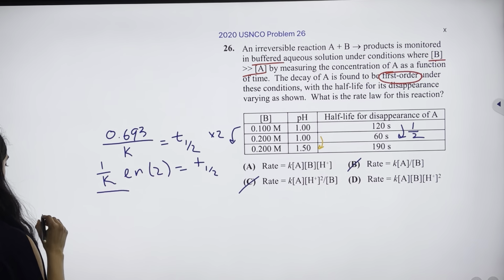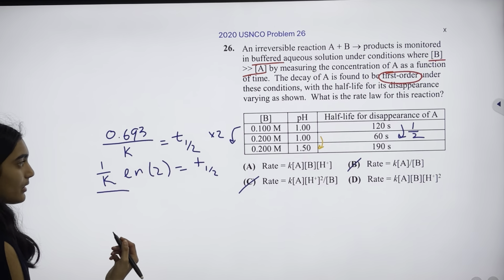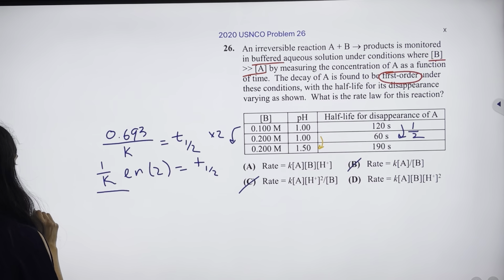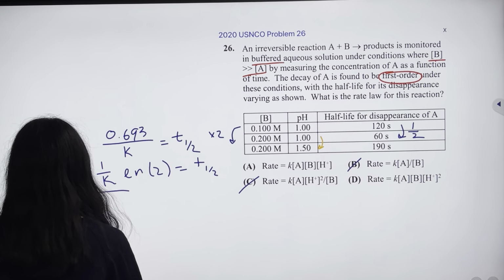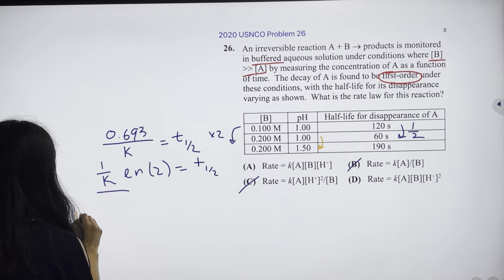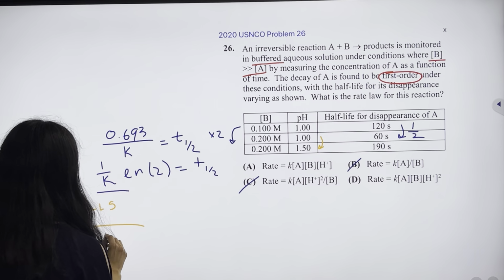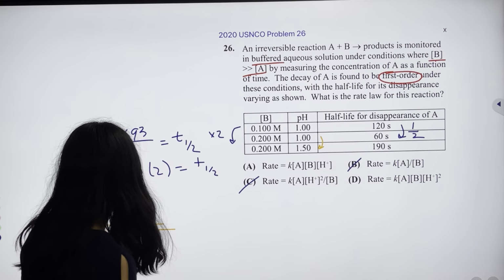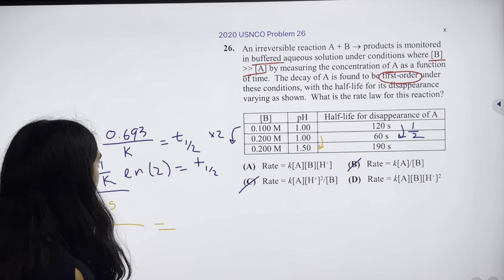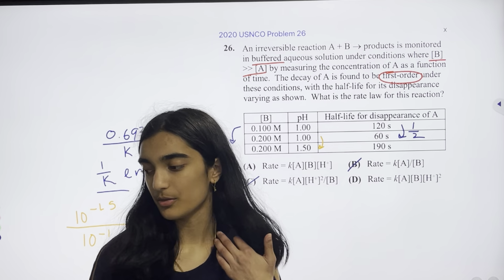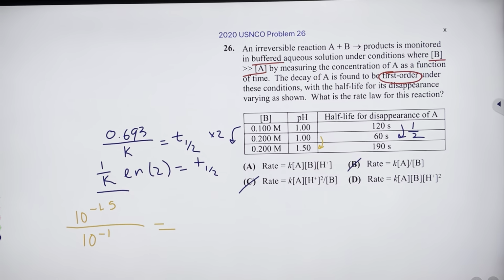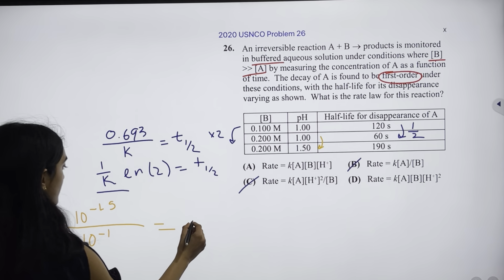Well, if we have a pH of 1.5, then we have an H+ concentration of 10 to the power of -1.5 over 10 to the power of -1, which is equal to, let me do that, 0.316.